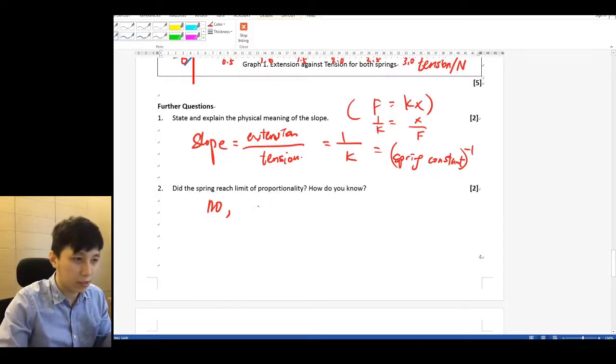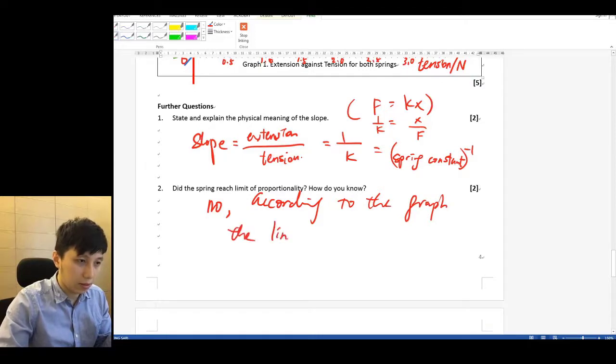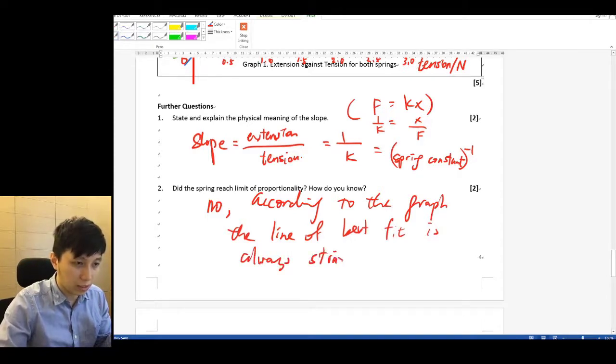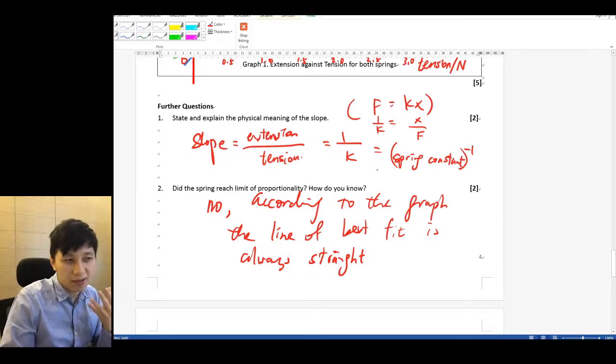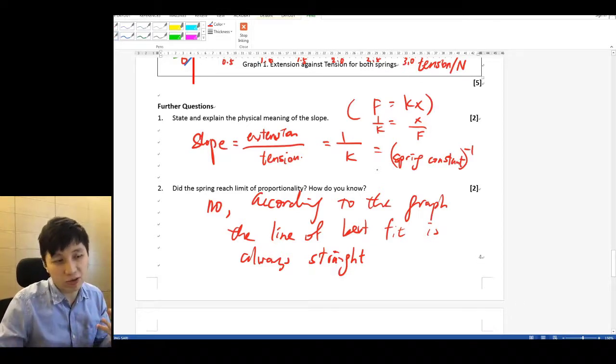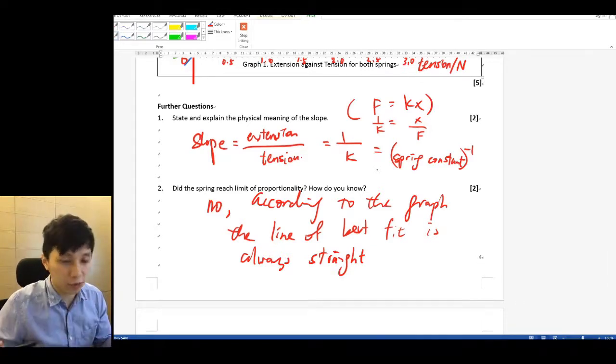All right. The reason is, according to the graph, the line of best fit is always straight. Okay, don't say linear, because linear is a more complicated idea, and it's a word that you can't expect an ordinary person to understand.